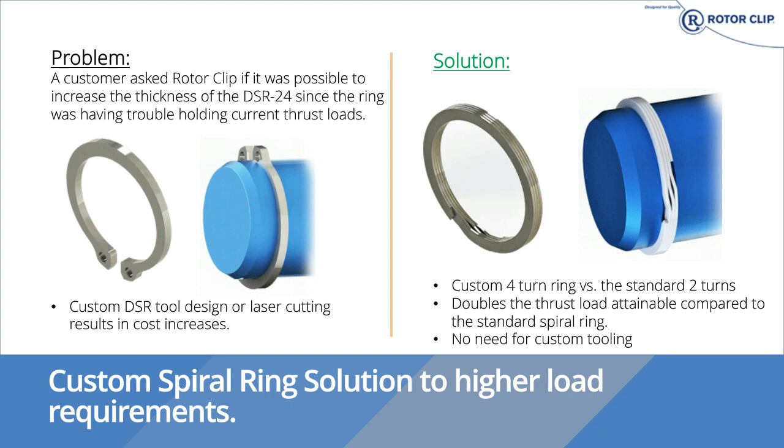We could have taken a DSR, made it even thicker with laser production, but it's a more expensive part. Also, as you make the ring thicker, the sections again play into the spring force, and the ring may have taken permanent set beyond what is ideal during installation.